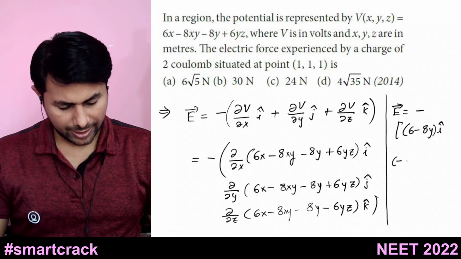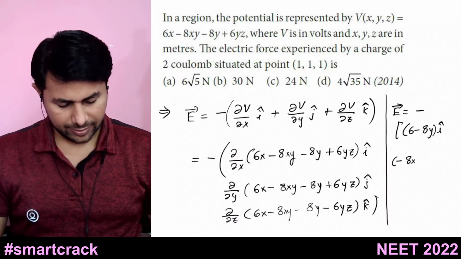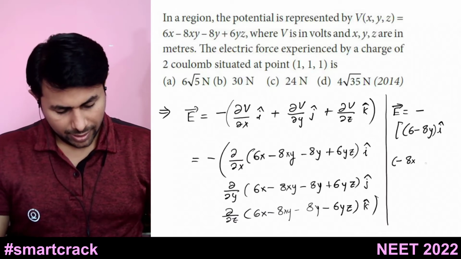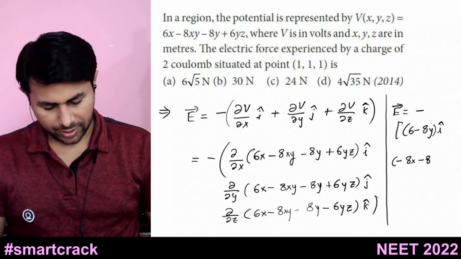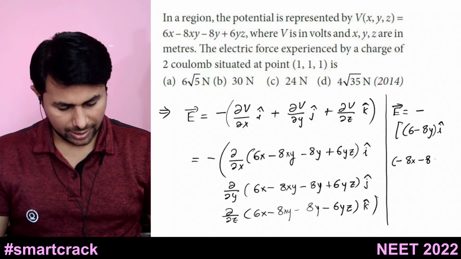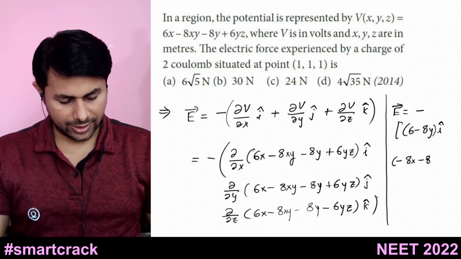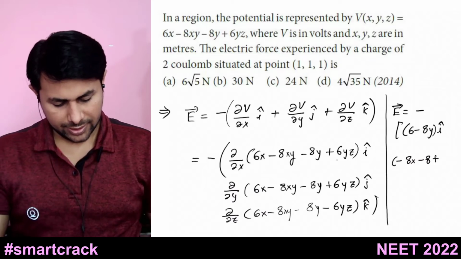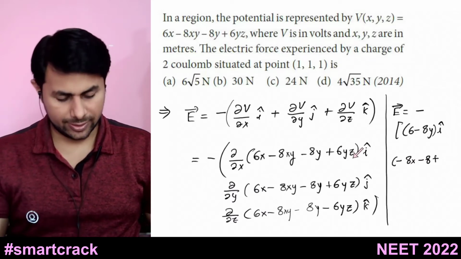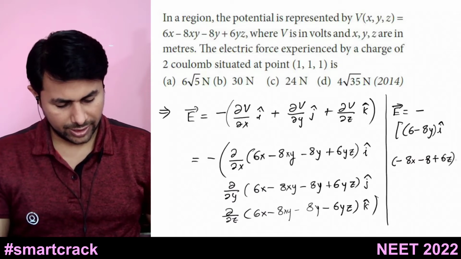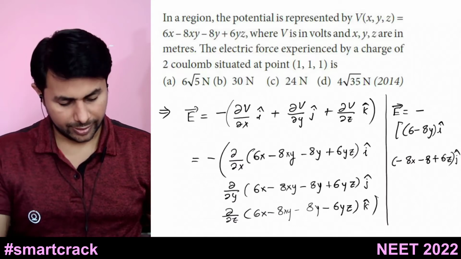So we have minus 8x, minus 8 into dy by dy which is 1, and plus 6z into dy by dy which is 1. So 6z into j cap.